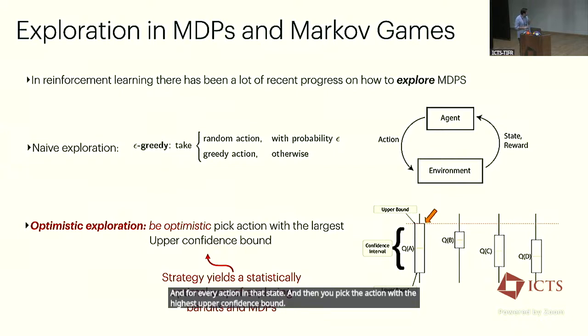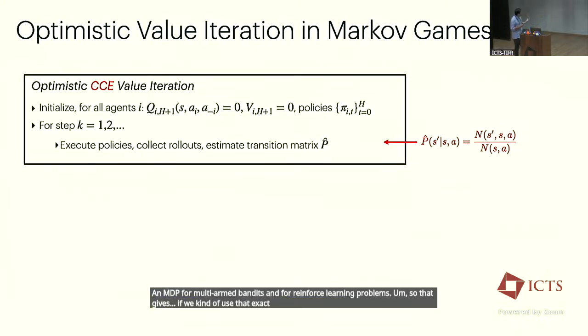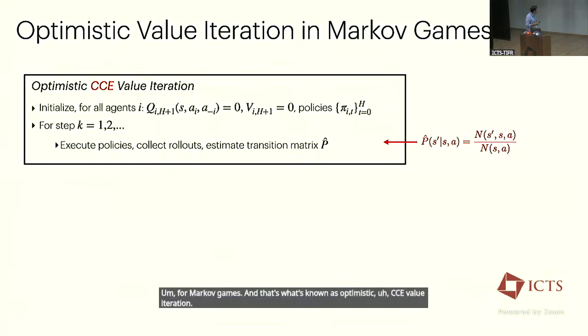What you can show is that this strategy yields a statistically optimal way of exploring an MDP, for multi-armed bandits and for reinforcement learning problems. So if we use that exact same principle, we can come up with an actual learning algorithm based on that dynamic programming formulation for Markov games. That's known as optimistic CCE value iteration.